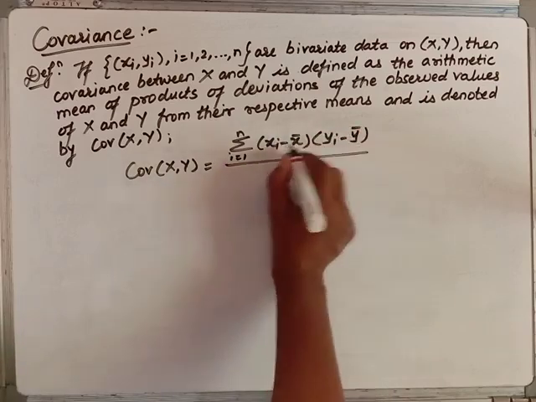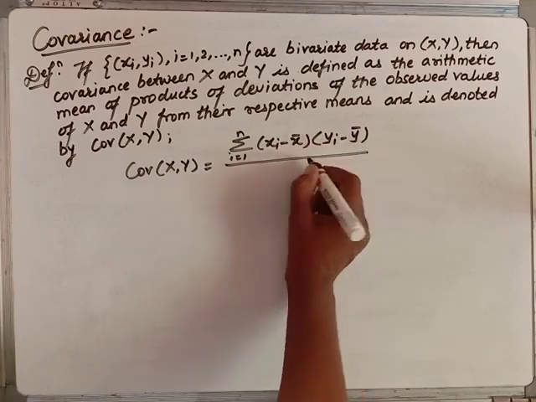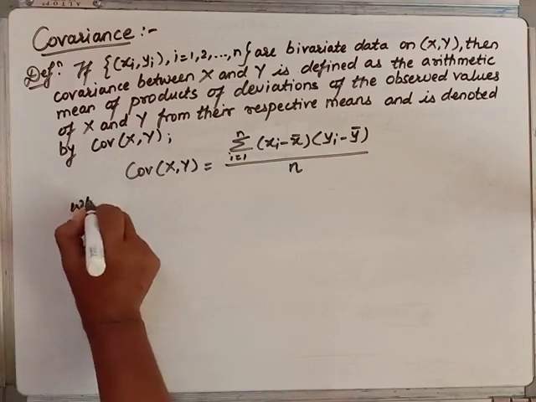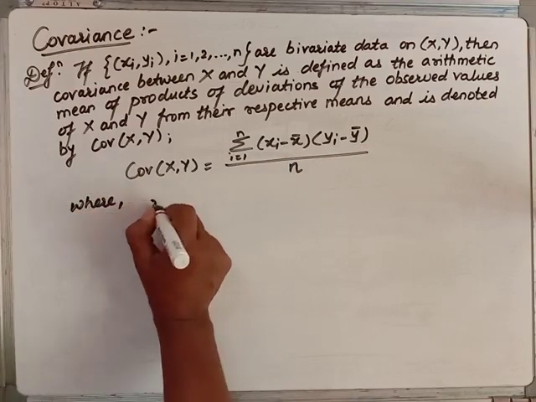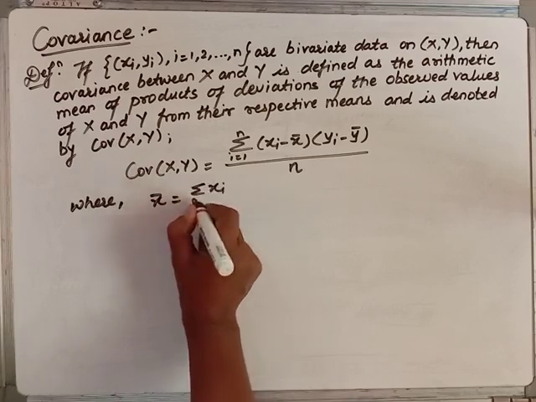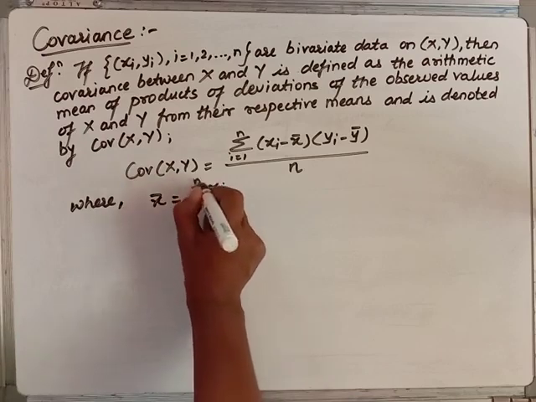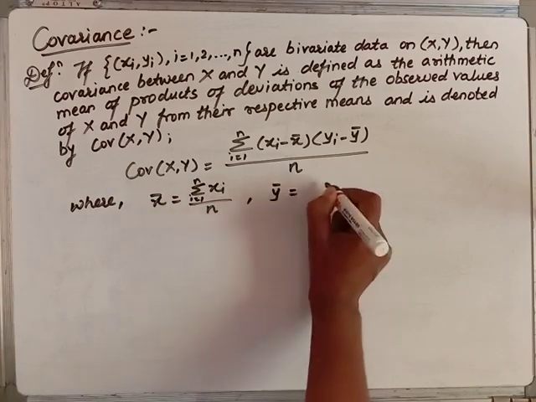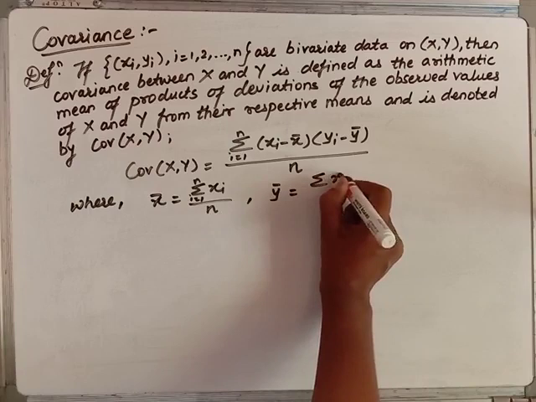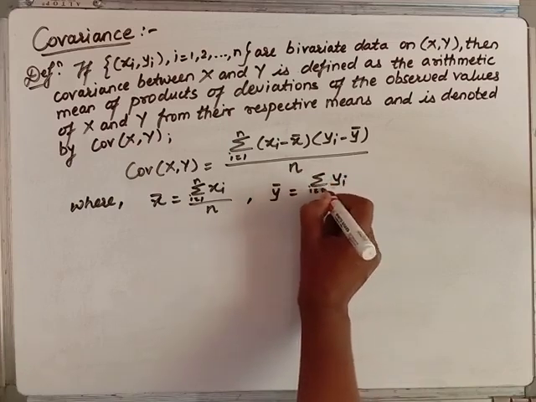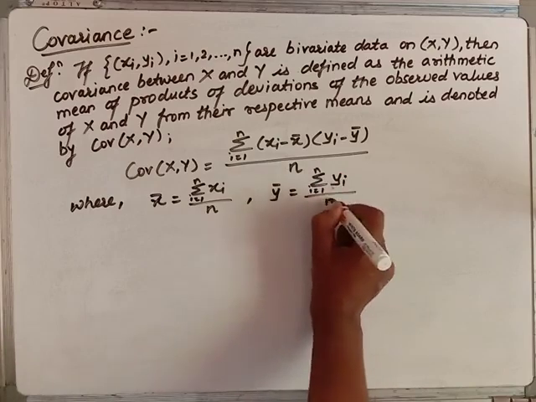It is the arithmetic mean of the product of deviations from their means, upon n, because n observations are there, where x bar is obviously summation xi, i goes from 1 to n upon n. And y bar is summation yi, i goes from 1 to n upon n.